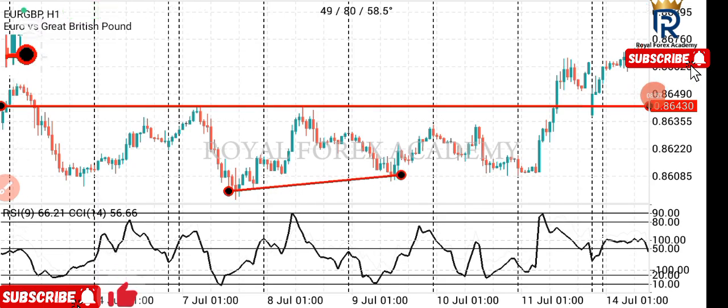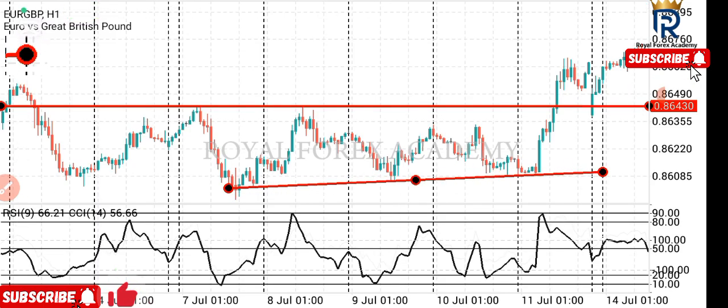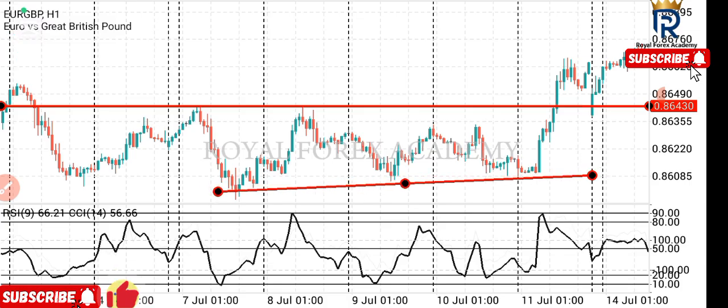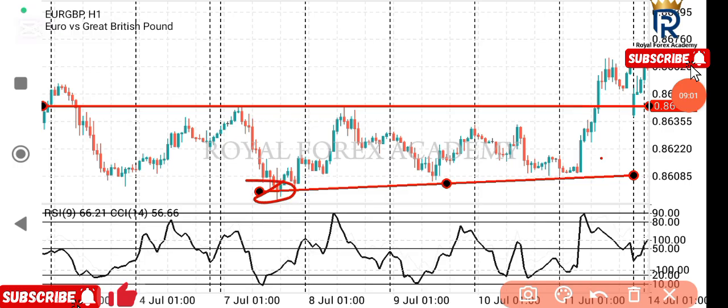But looking at what we are having here, this is a typical support and resistance scenario. And then look at what price is doing. Price will test it here. Look at this, it came again. It came again. And it plays out.